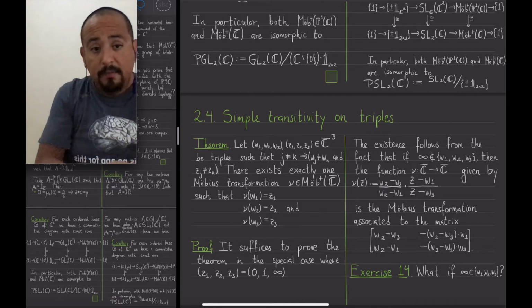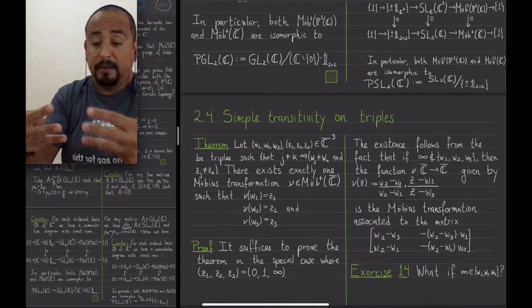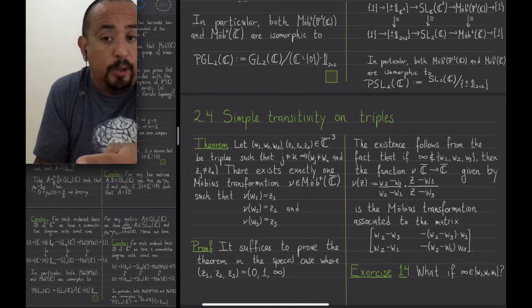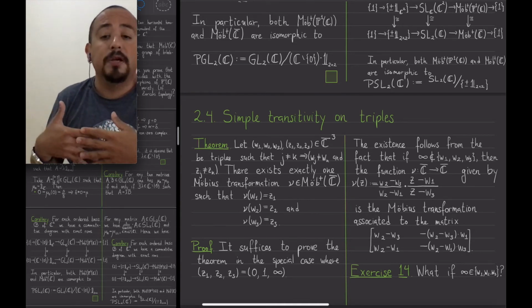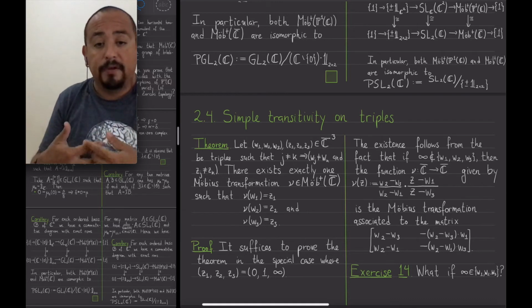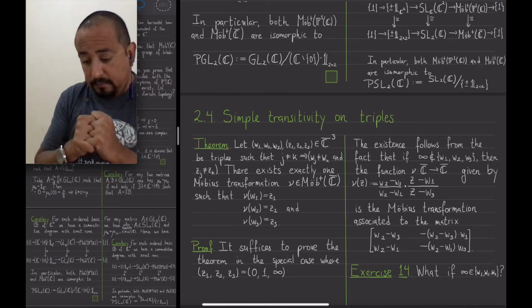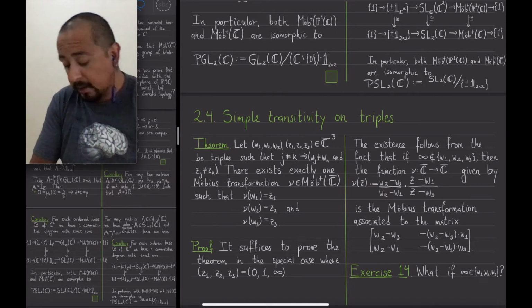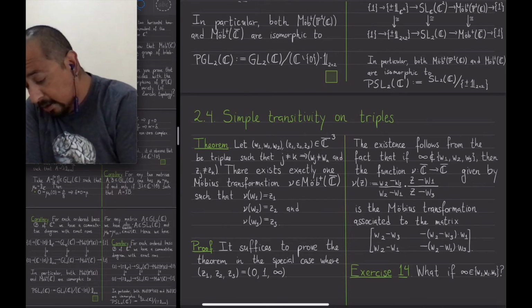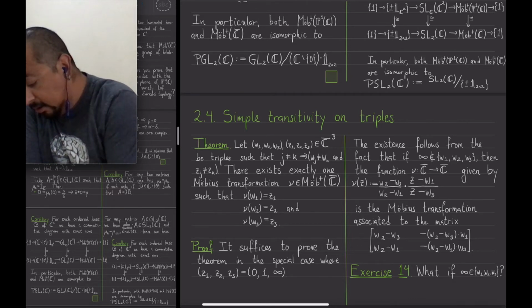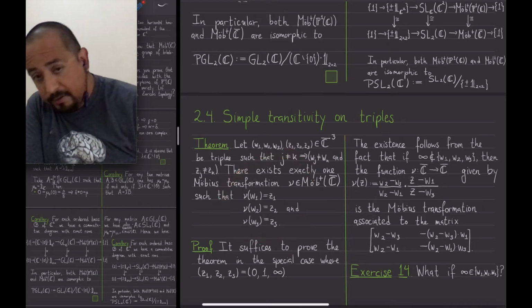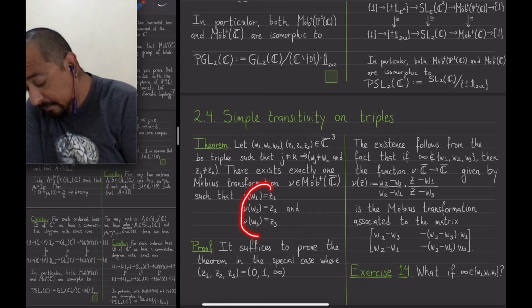But if you give me the 2 ordered triples, because your original question was to which extent do you have transitivity, then there exists exactly one. So that's what the famous theorem on transitivity of the action on triples of distinct points asserts.